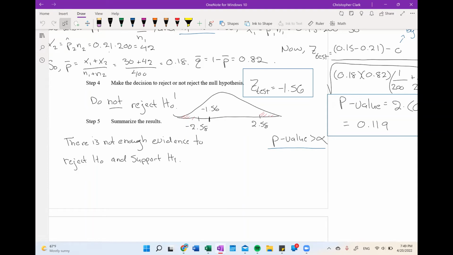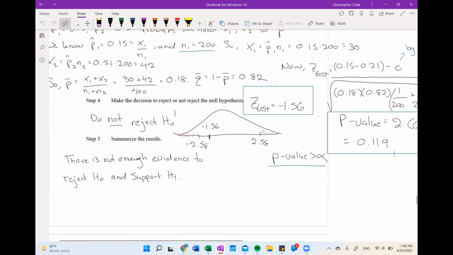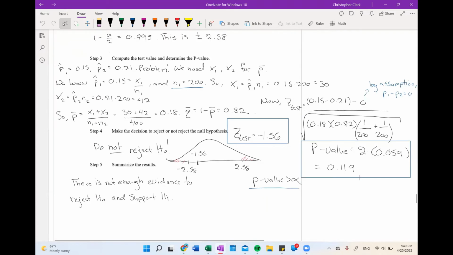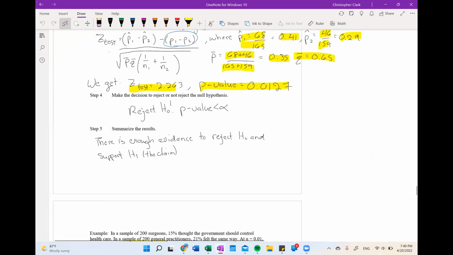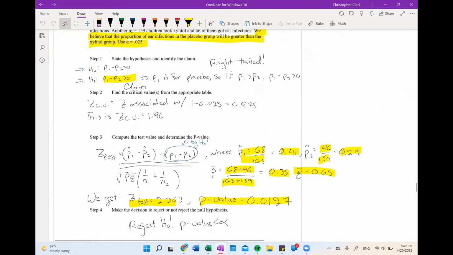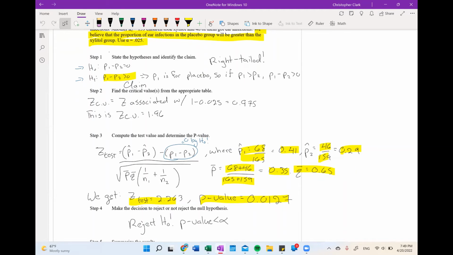So this one, the only difference with this one was that we didn't have an x1 and an x2, right? In the earlier example, we didn't have p hat 1 and p hat 2, so we had to calculate them right here.